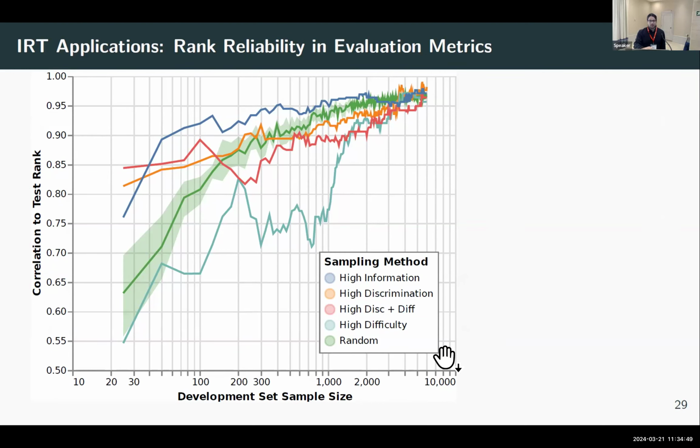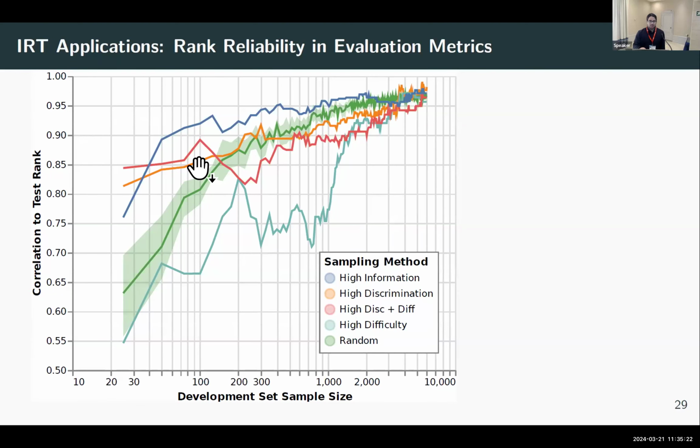If we are interested in how many examples we pick and the correlation of the resulting ranking to the test rank, and we do something very simple, like just pick the examples that have the highest discrimination value, we do far better, with something closer to a 0.8 Kendall-Tau correlation.